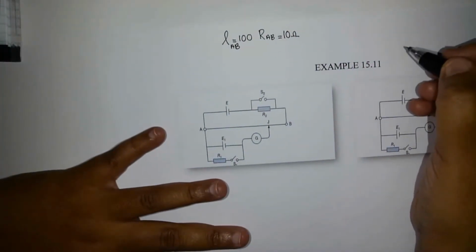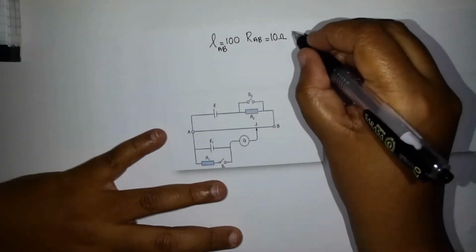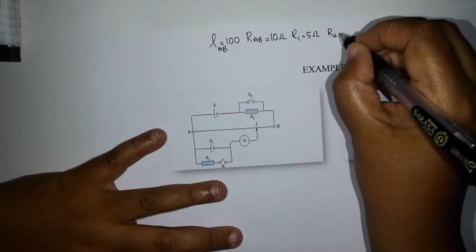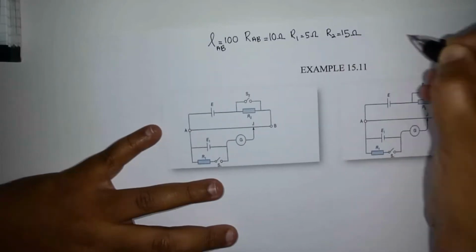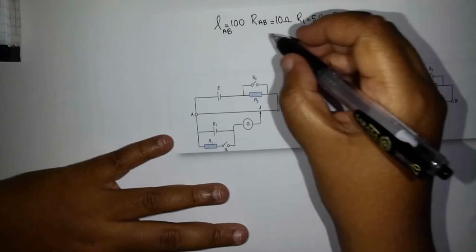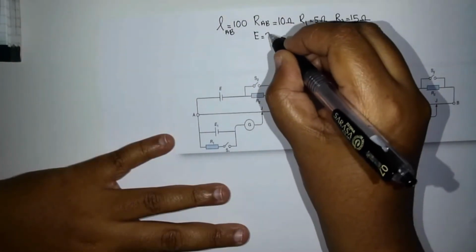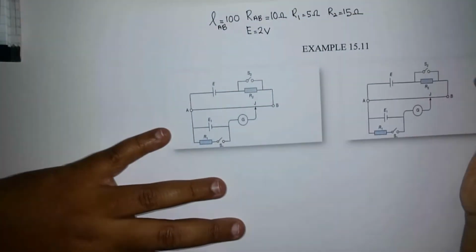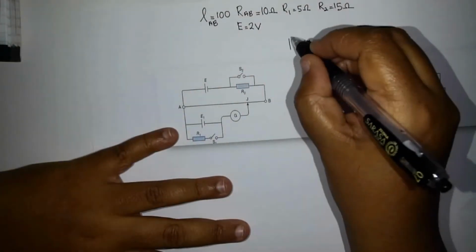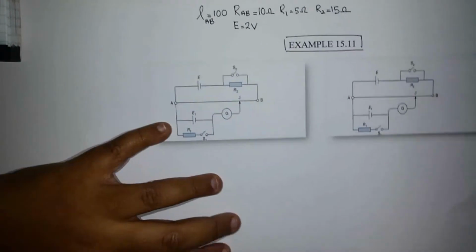R1 is 5 ohm, R2 is 15 ohm. E is an accumulator of EMF 2 volt with negligible internal resistance. So this is example 15.11.